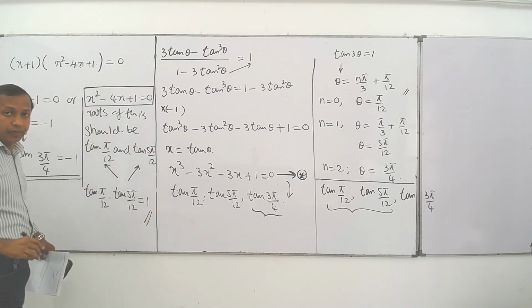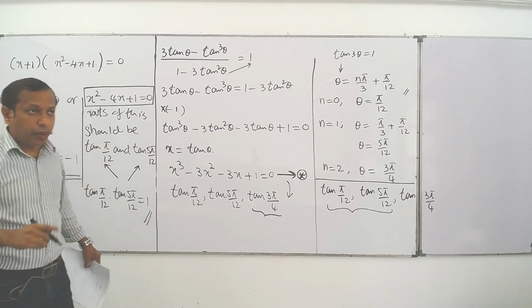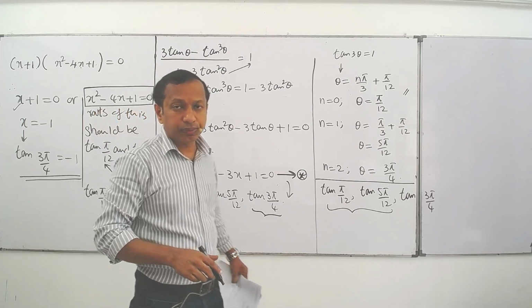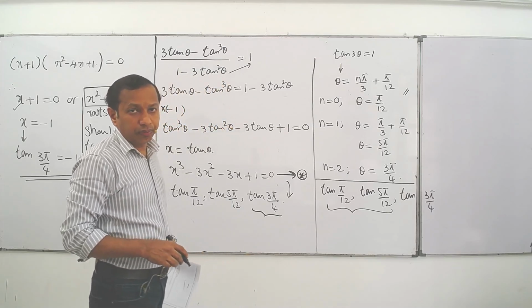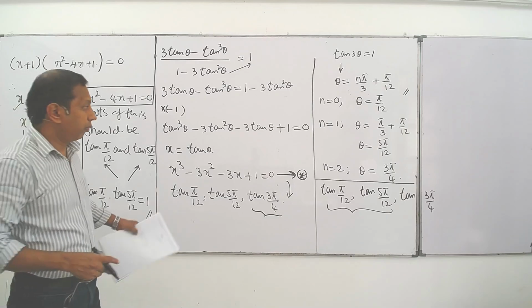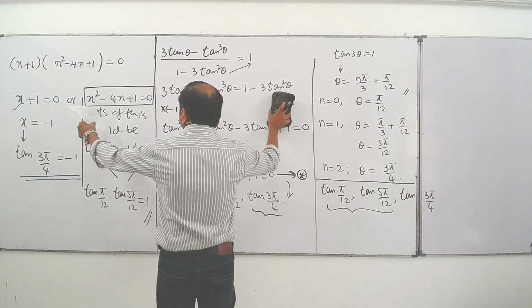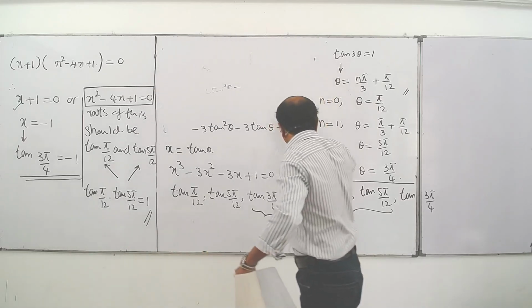Right. Now next one asking the answer of tan pi by 12. Pi by 12 is 15 degrees. Then 5 pi by 12, 15 into 5, correct, no? 75.